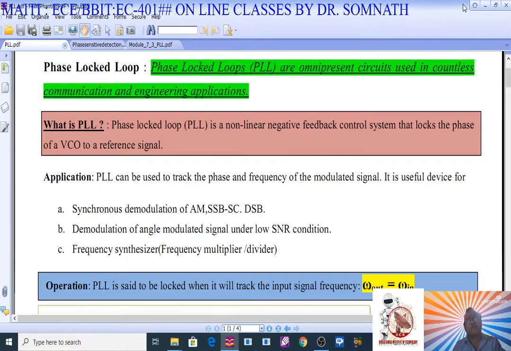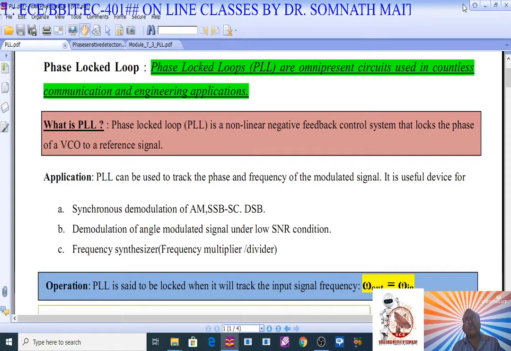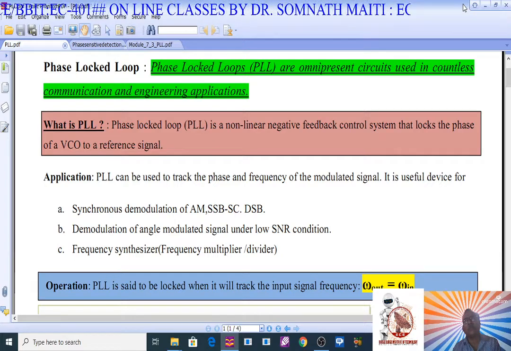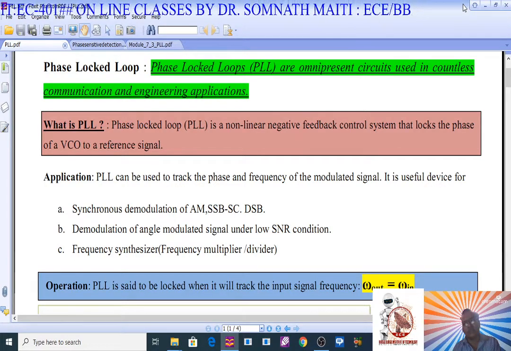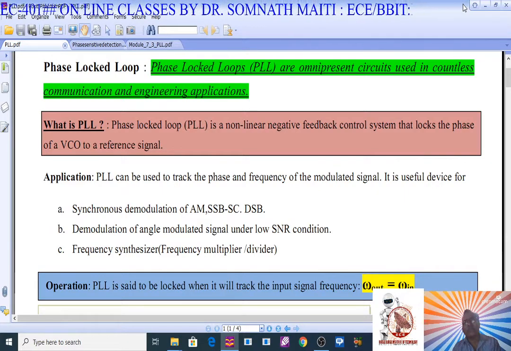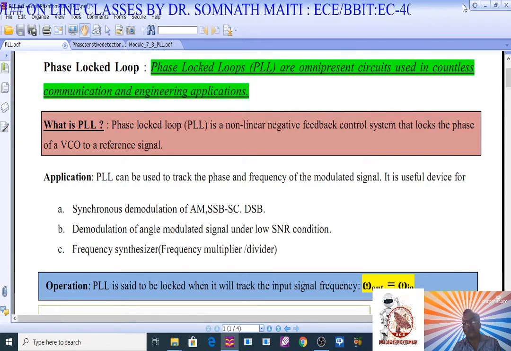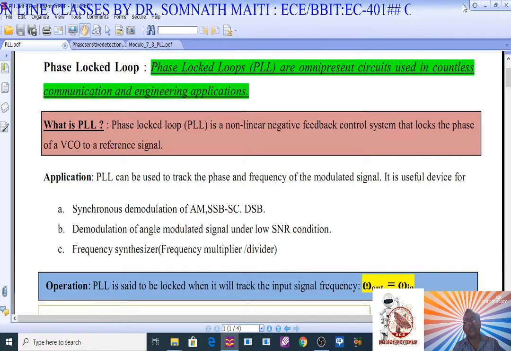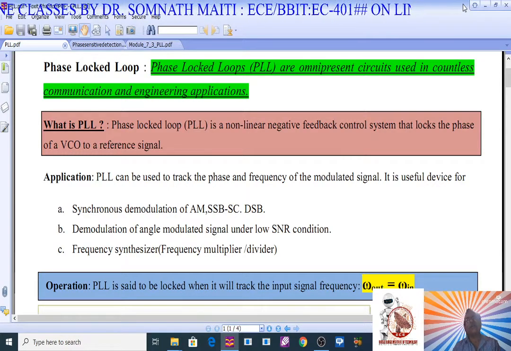In the previous lecture I discussed discriminators. A discriminator is cheap, so why should we go for PLL, which is a costlier system? The important reason is that under noisy conditions, that means when your signal is very low compared to the surrounding noise, you have to use PLL.